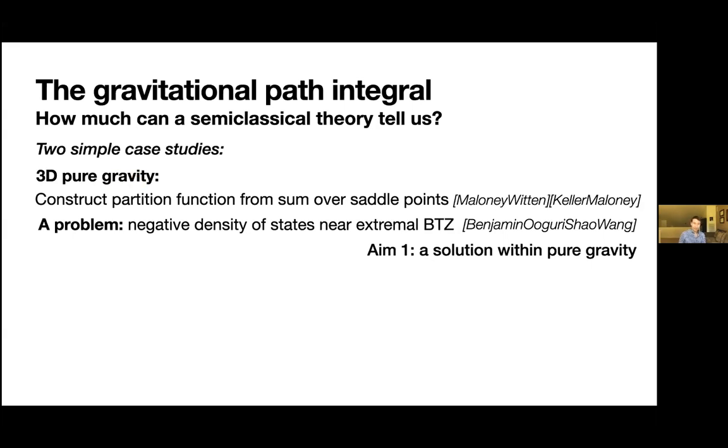The first is 3D pure gravity, and in this case there's a natural way to try and construct the partition function of the theory to know what the spectrum looks like. This is due to Maloney and Witten, and later refined by Keller and Maloney, and it's a very natural way to do that. You want to do the path integral with some torus boundary conditions.